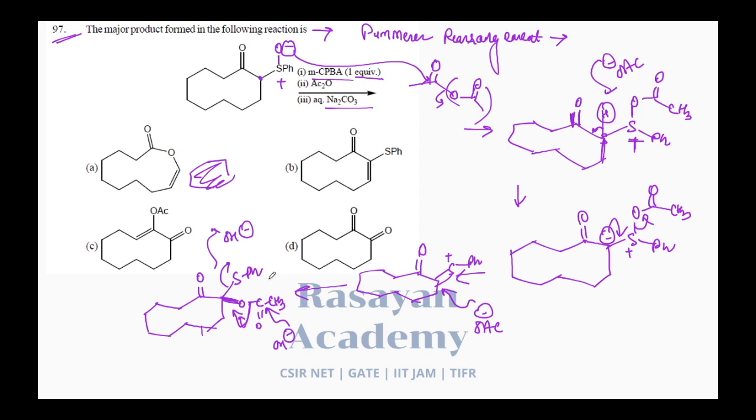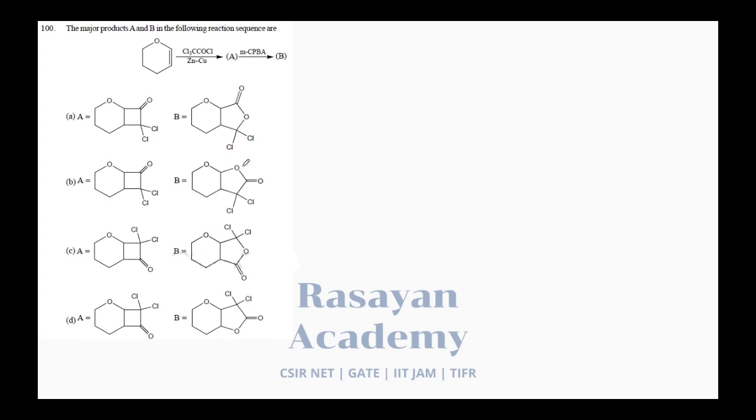You can directly remove the thiol and you will have one more carbonyl over here. So the answer should be option number D. Okay, so this is the Pummerer rearrangement and this is your mechanism for it. Very, very simple reaction.